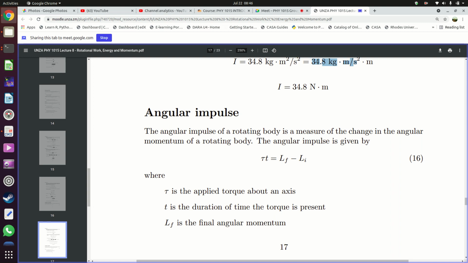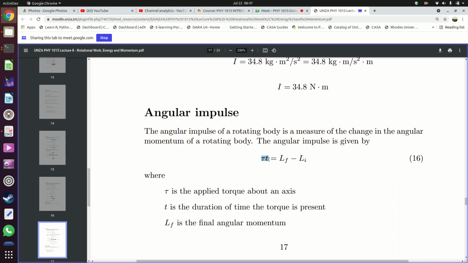Angular impulse is the amount of angular momentum, or rotational motion, which an object is going to gain as a result of a torque acting on it for a certain amount of time.